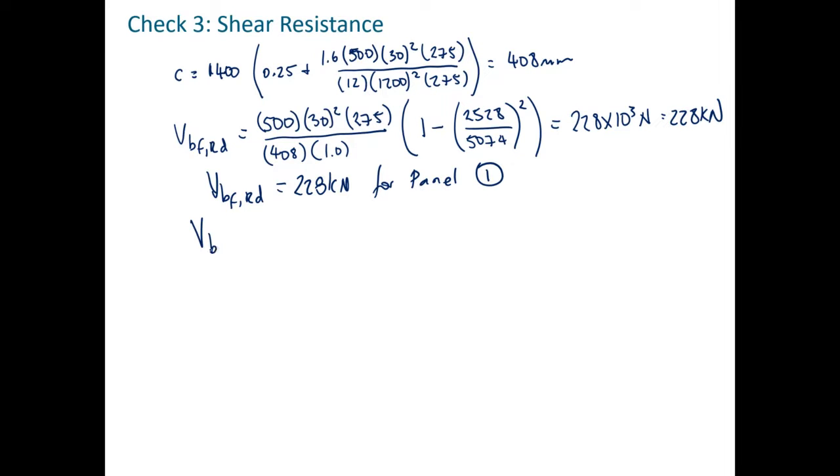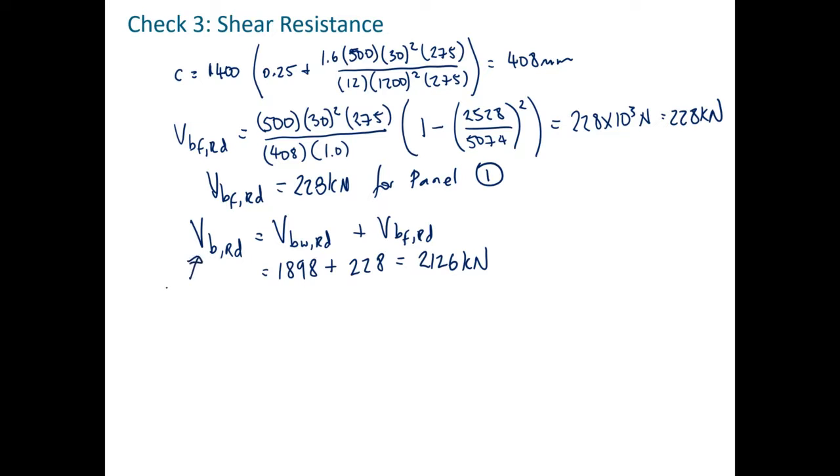So then the overall shear buckling resistance of the section is the shear buckling resistance of the web plus the shear buckling resistance of the flange. And we got the web component was 1898 kilonewtons plus 228 kilonewtons. Add those together is 2126 kilonewtons.